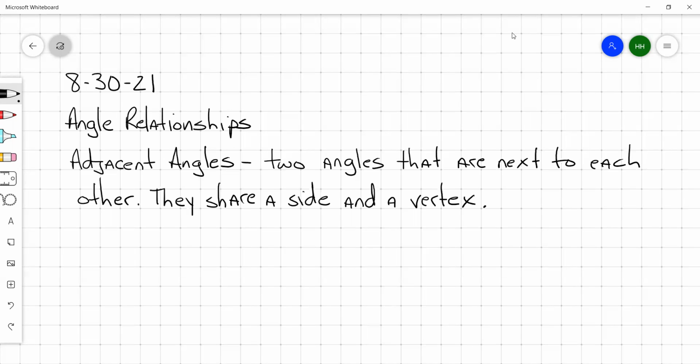How's that? Is that better? Angle relationships.